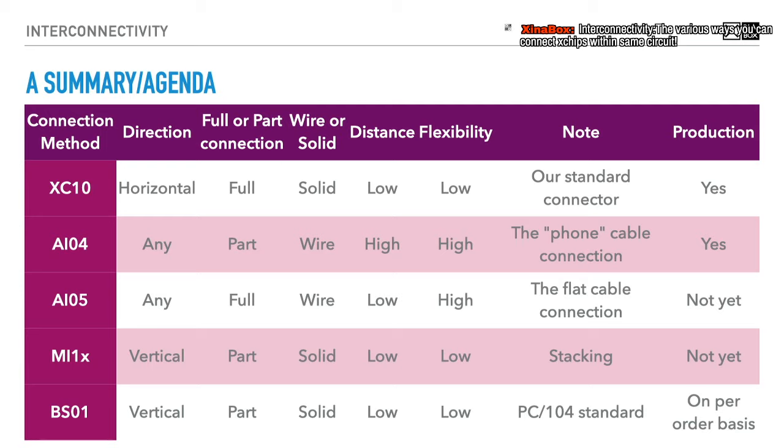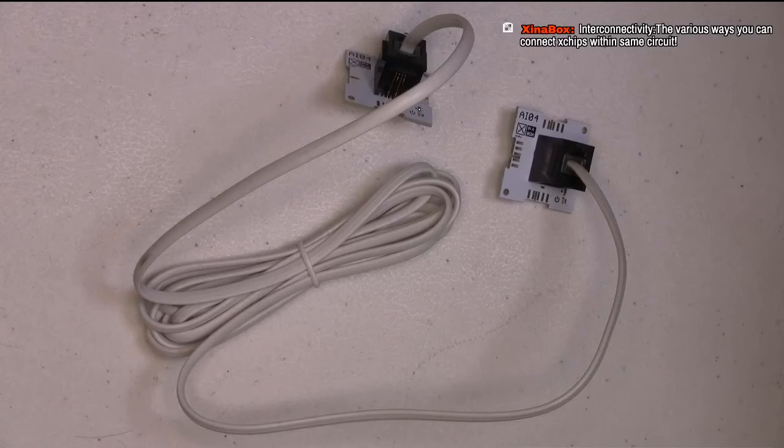So I have it here. The PC104 standard is also vertical stacking, and it's a standard for how to connect single board computers that has existed for a very long time.